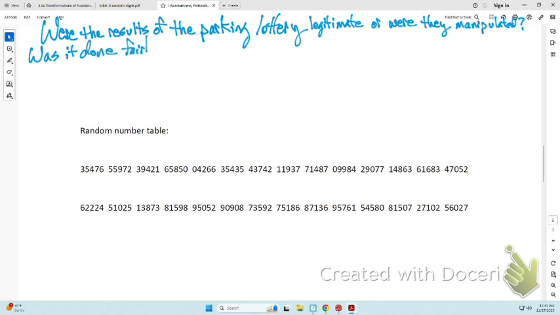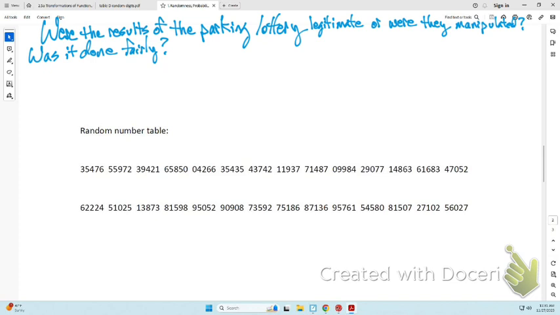So the way this is presented many times is they give you a random number table, and you need to know how to use it for the simulation, because to get full credit they force you to use a random number table. You could use a random number generator, which is basically what this is. It's just outputting random numbers between 0 and 9.